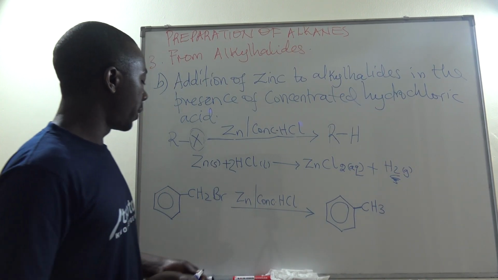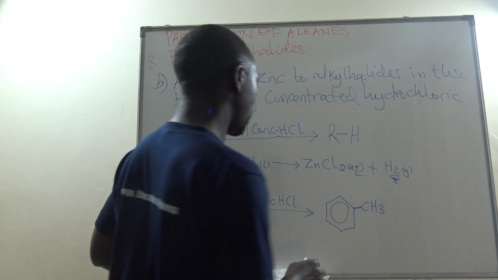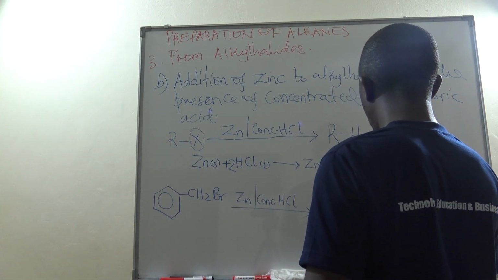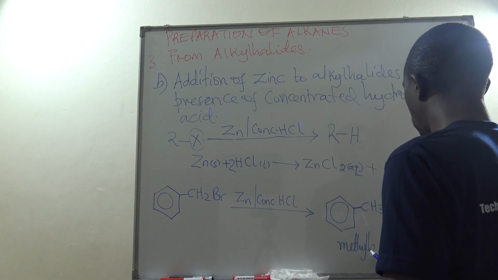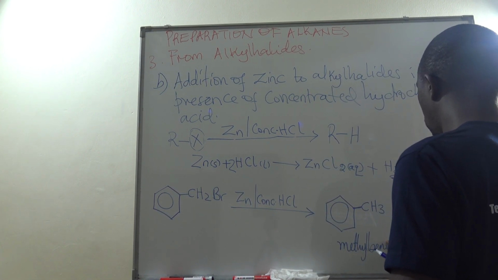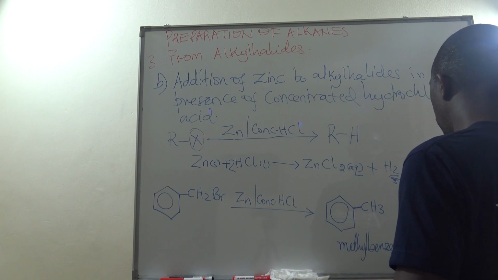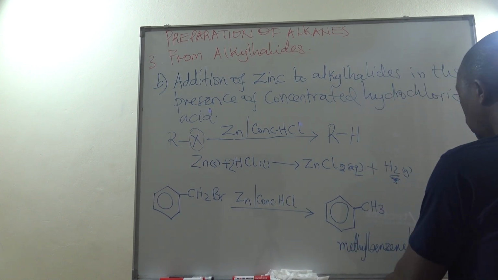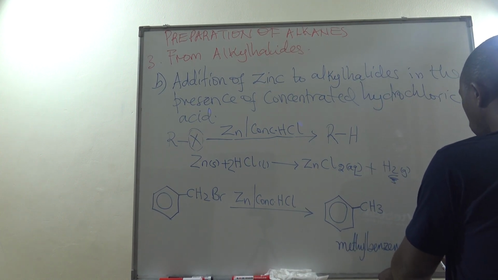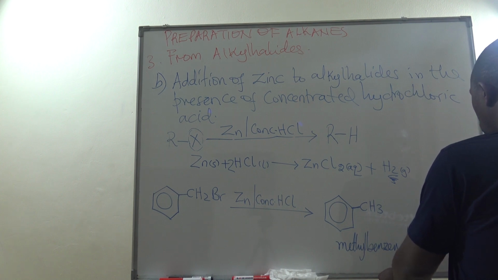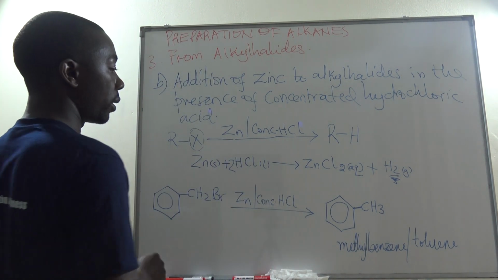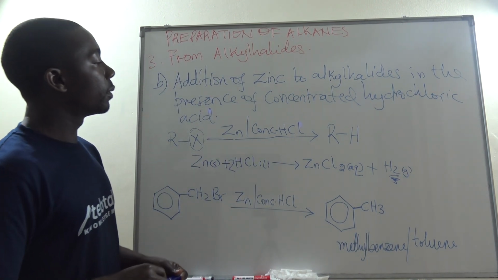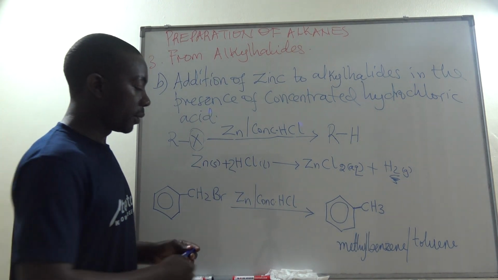Now, this alkane is what we call methylbenzene, or we can also call it toluene.